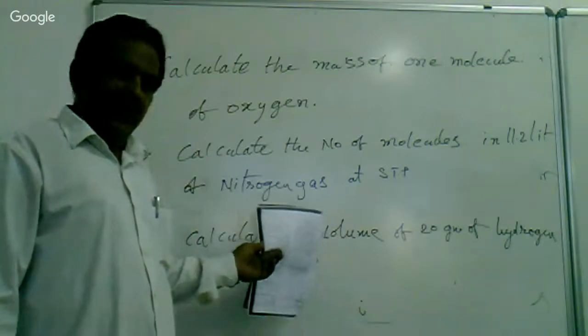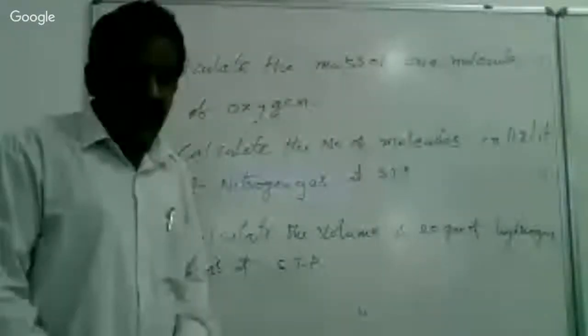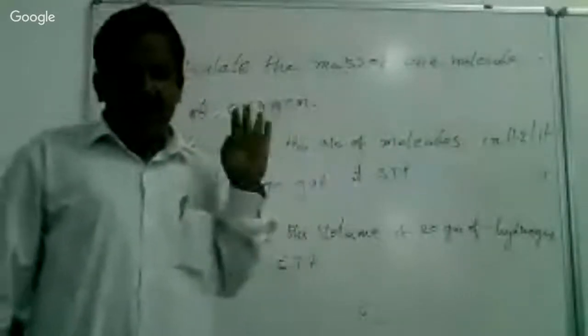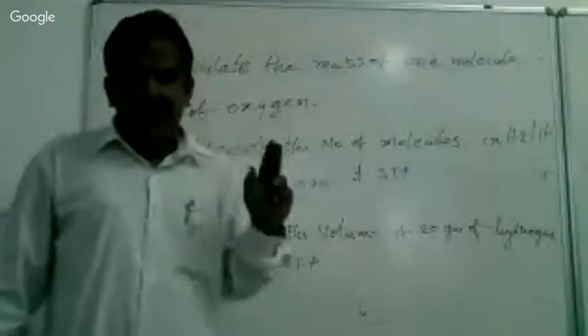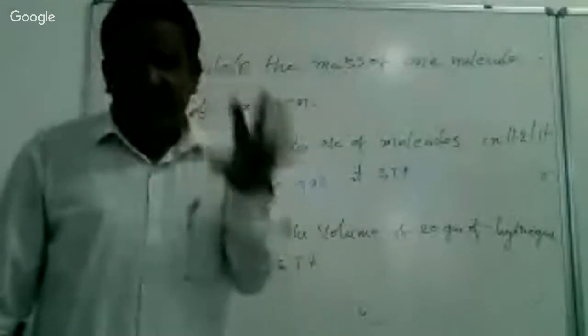So start the mole concept only. Don't go beyond the mole concept today. Just do the concept and be aware of the four definitions: what is gram atomic weight, what is gram molecular weight, what is GMV, and what is Avogadro's number, and the relation between these four terms.